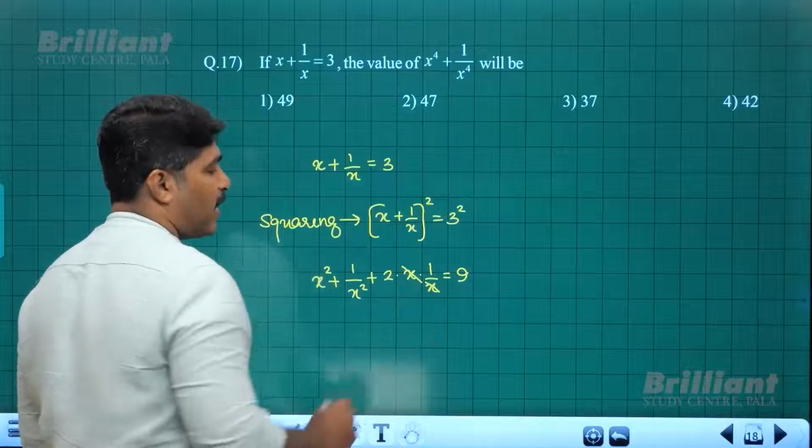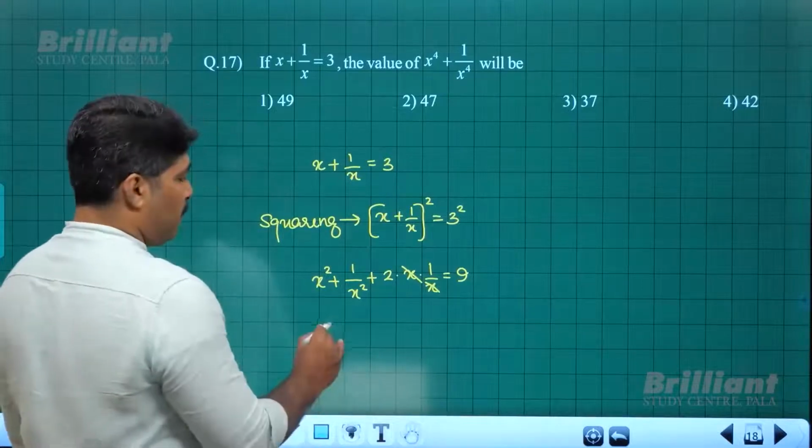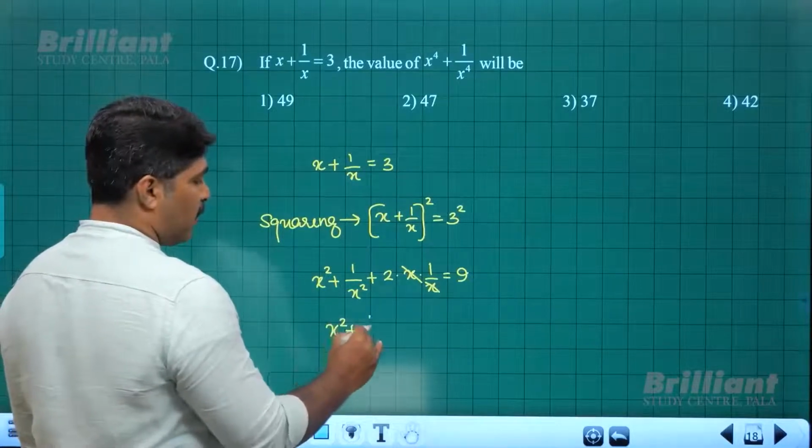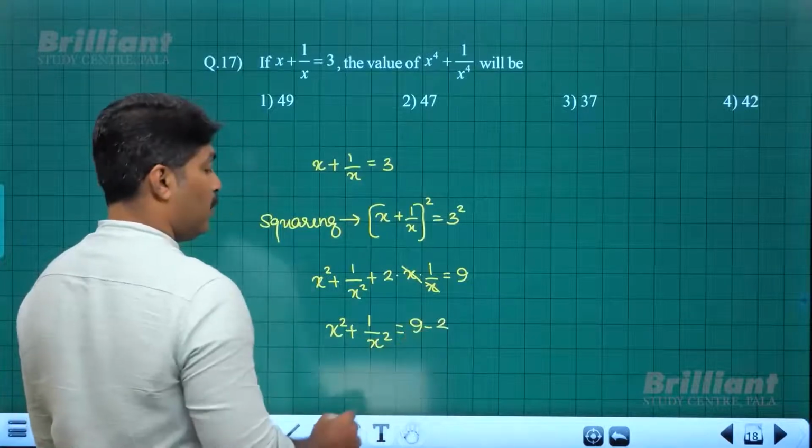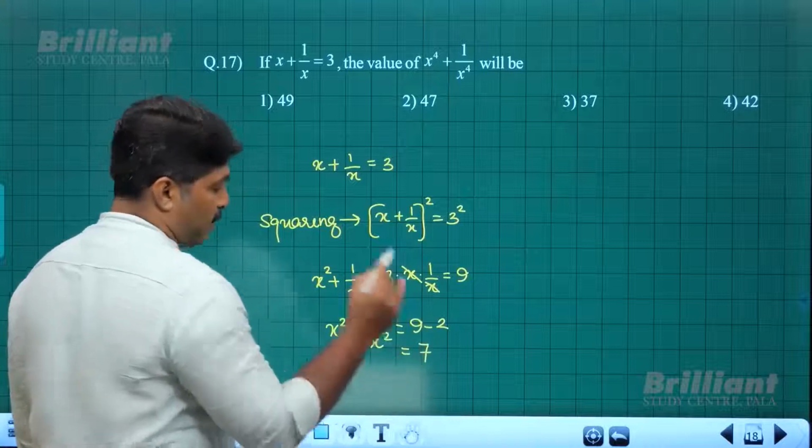What happened here? This will become 2. So therefore, x square plus 1 by x square is 9 minus 2, which is equal to 7.